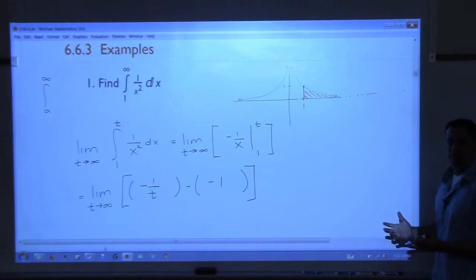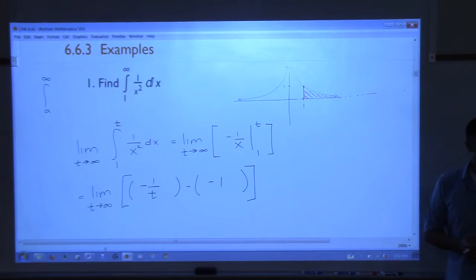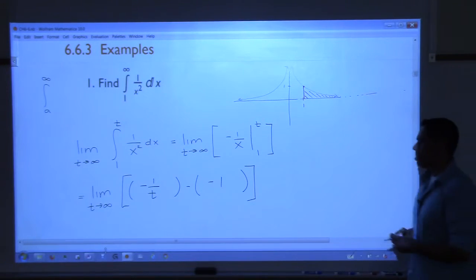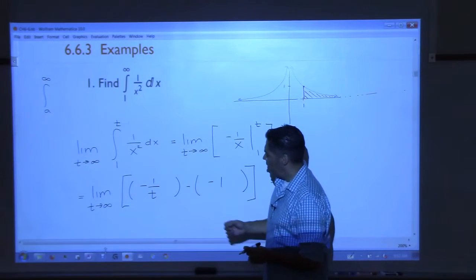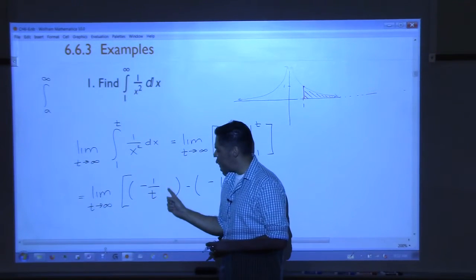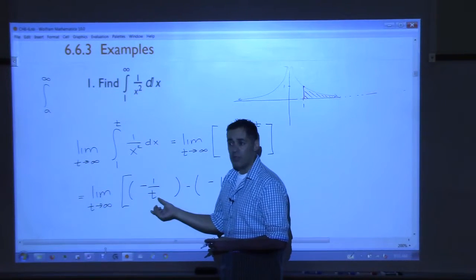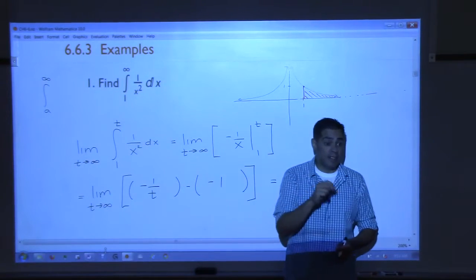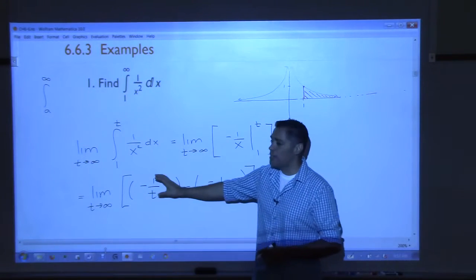At this point, I think I'm ready to let t go to infinity. So let's let t go to infinity. What happens to this right here if t becomes infinitely large? That goes to 0, right? Now, is it 0? No, it heads to 0, doesn't it? So this is going to get smaller and smaller and smaller.